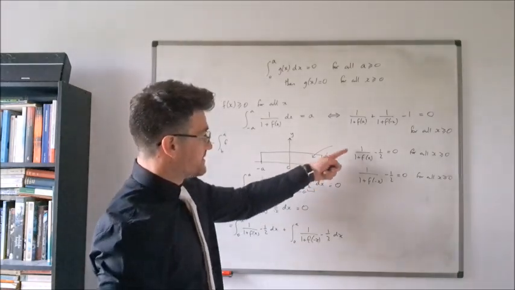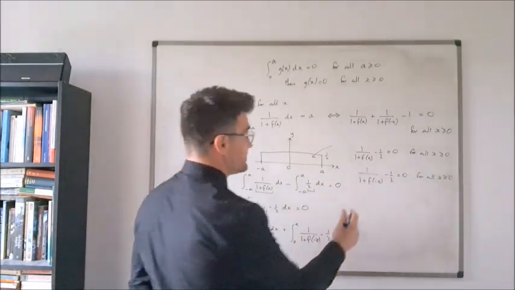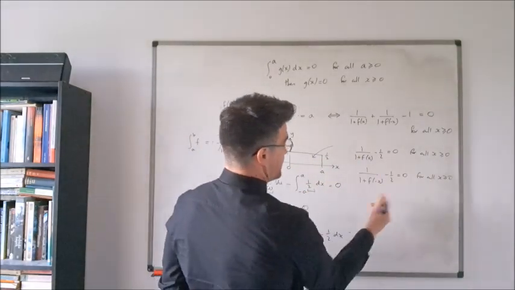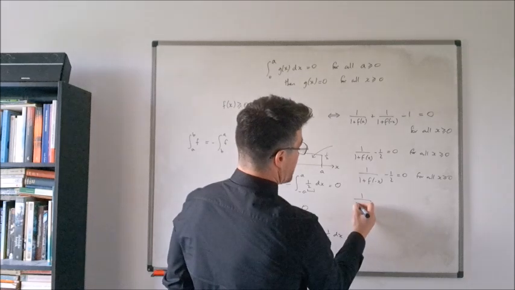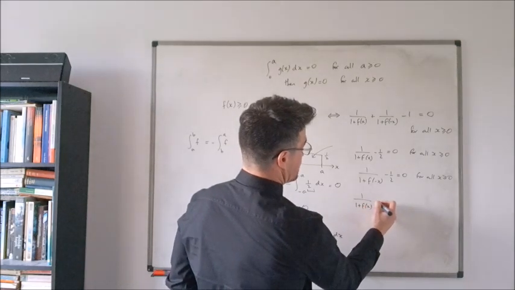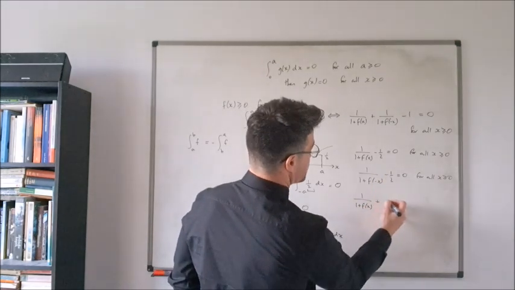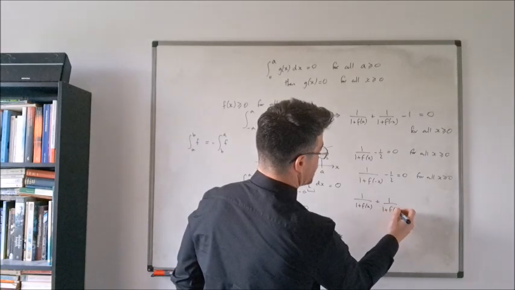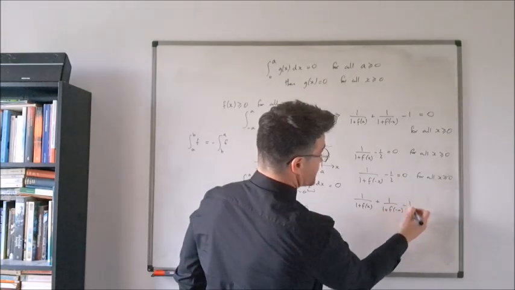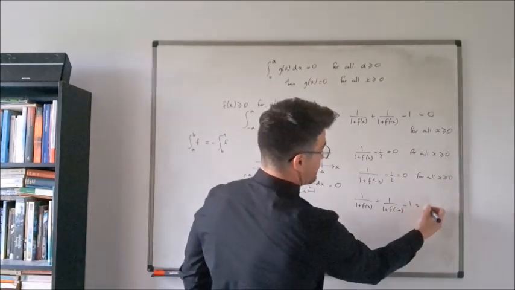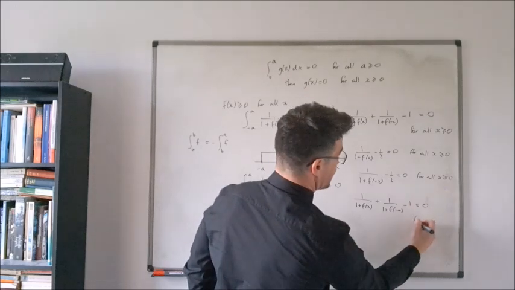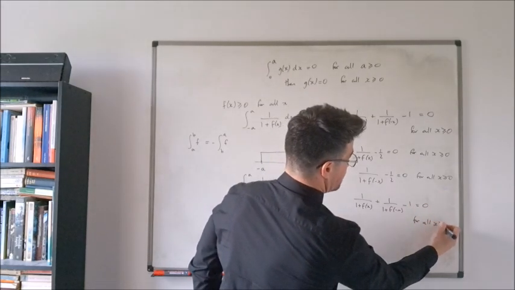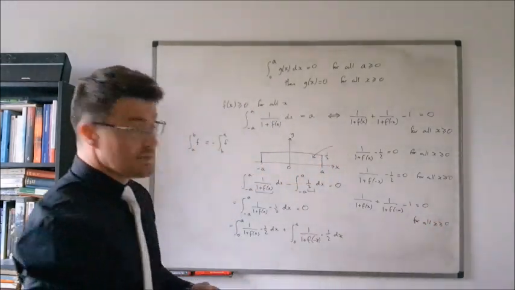So then we just add these two expressions together, the left-hand sides and the right-hand sides. What do we get? 1 over 1 plus f of x minus a half plus 1 over 1 plus f of minus x minus another half, in other words, minus 1, is equal to 0 plus 0 for all x greater than or equal to 0.